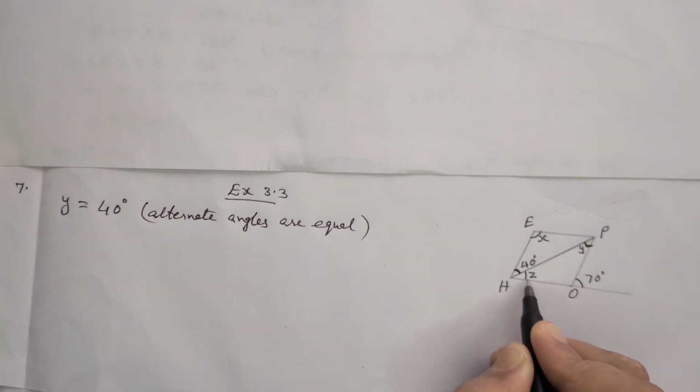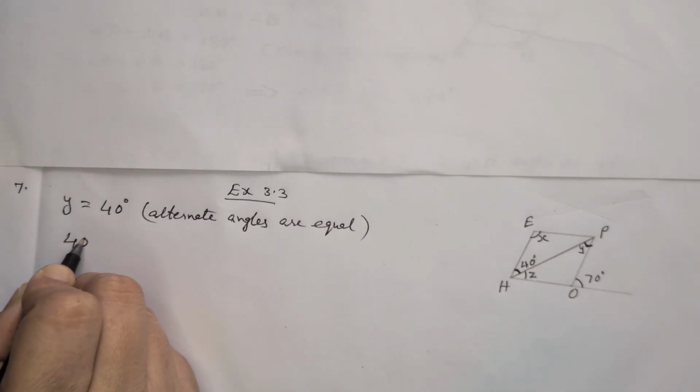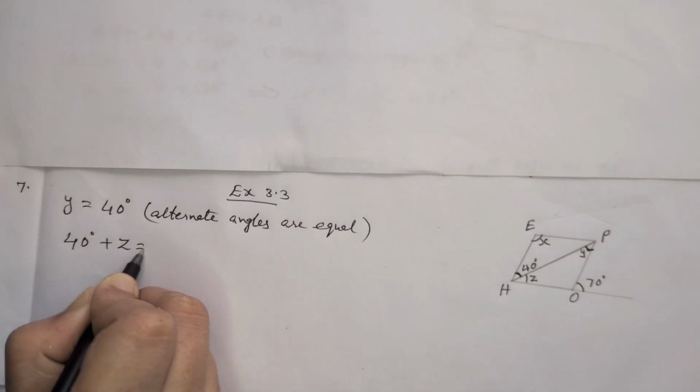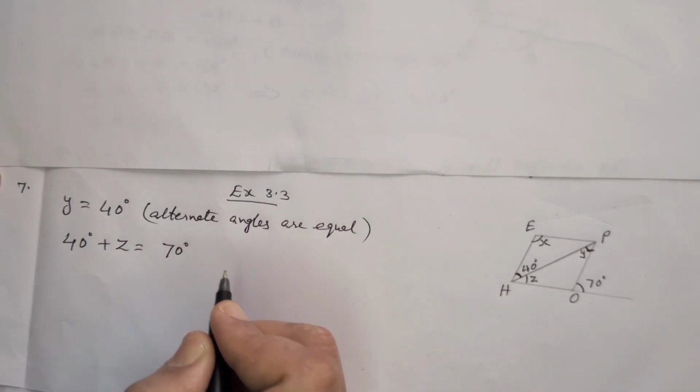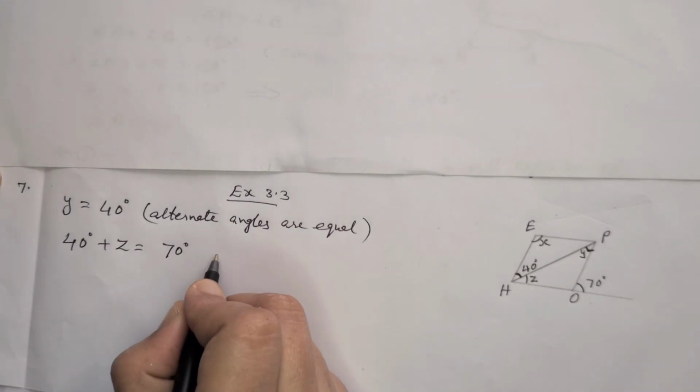Then these two angles, 40 plus z is equal to 70 degrees. The reason is corresponding angles.